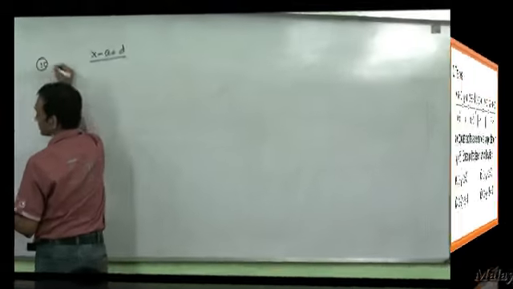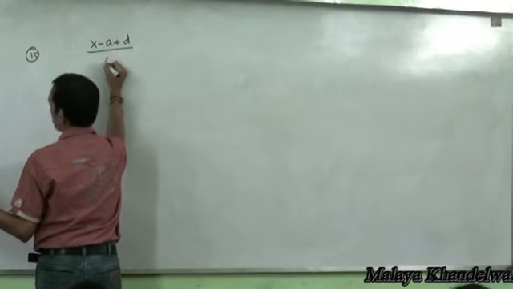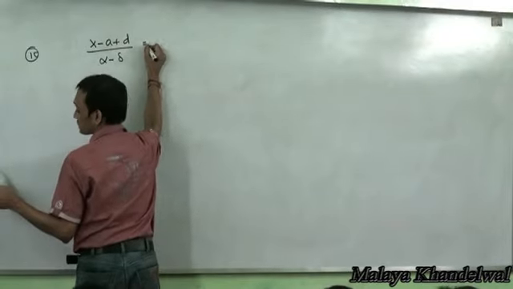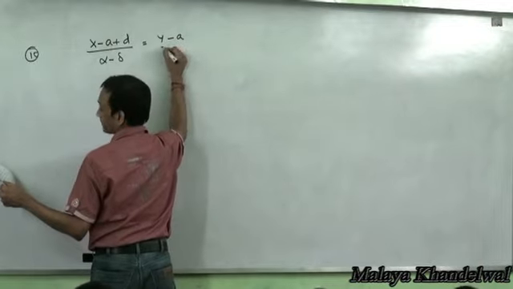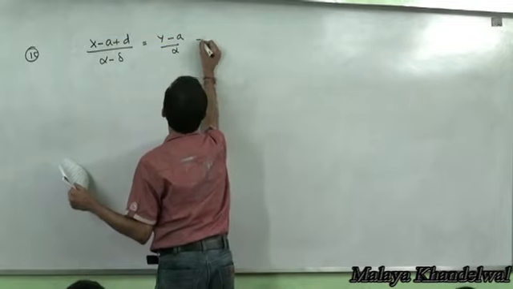Problem 10. We have 2 lines that are coplanar.